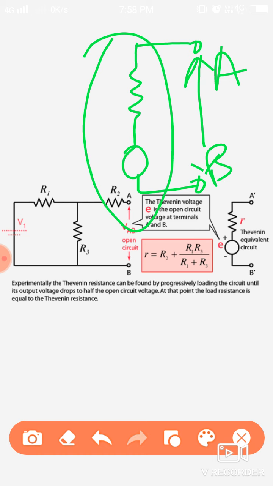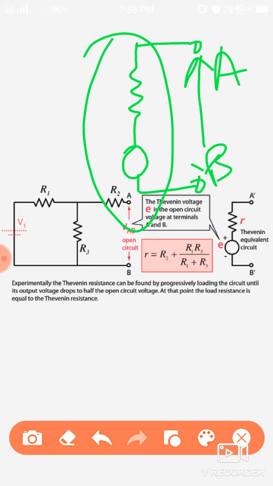So with the help of the Thevenin theorem we can replace a complex circuit and resistance by an equivalent resistance and equivalent voltage or power supply.